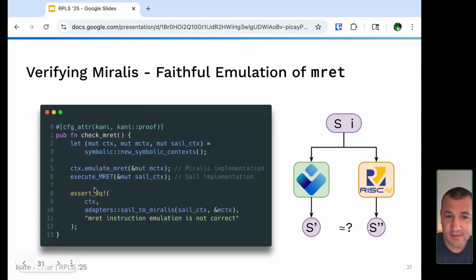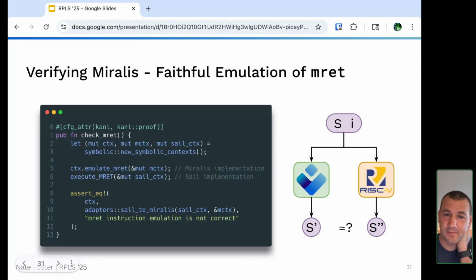After doing this, we have the two states that you see here in the picture. And then we want to check that these things are equivalent. There's a small subtlety, which is that Morales and Sail use slightly different data structures to represent the CPU state. So there's a little conversion function, Sail to Morales, that maps the Sail state back into the Morales representation, and then we can check that these things are equal.